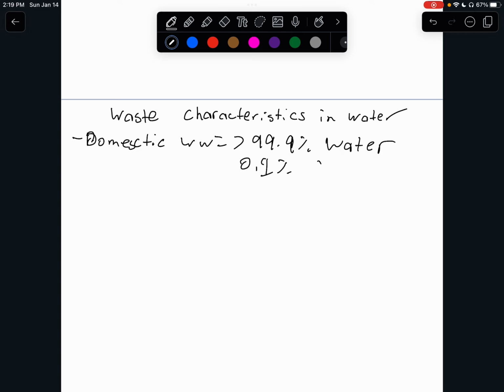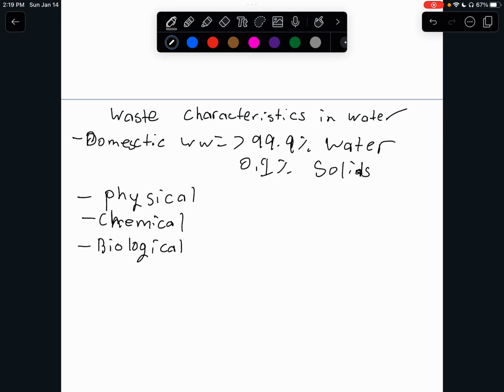Even though it's a small amount, we still have to consider the amount of solids in our water, even with one person, including millions of people. As we mentioned before, it characterizes physical, chemical, and biological parameters. So remember, as we talked about before, characterize those three things, right?